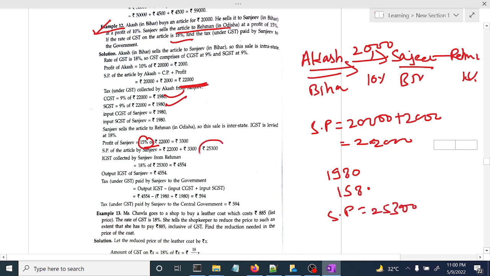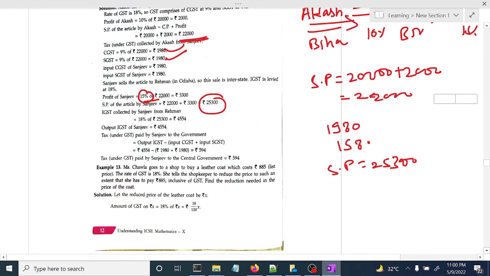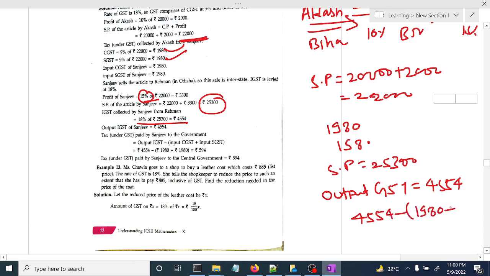This is the selling price. In this you'll get output GST, totally IGST, since it is interstate, right? So 18% is how much? 4554. So output GST is 4554. What is the tax liability? It is very easy. Tax liability is 1980, which he paid as SGST, plus 1980, which he paid as CGST. So 594 he will pay to the central government, right?